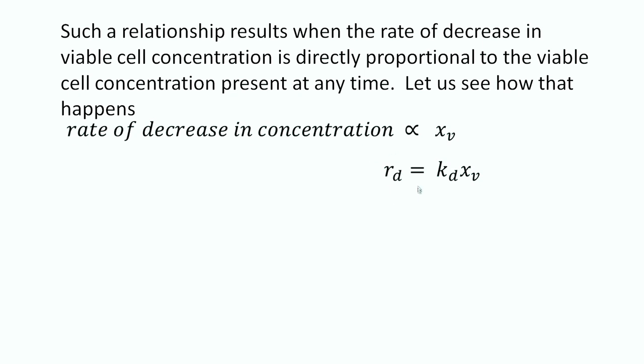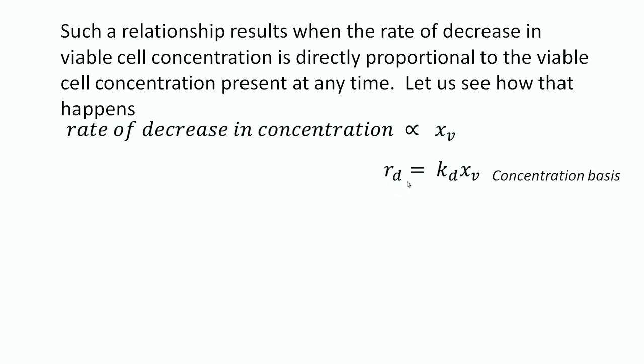If we call the rate of decrease in concentration R d, since it is proportional, we can replace the proportionality by an equal to sign, and here we need to multiply x v with a constant. Let us call this constant k d. You might be familiar with this kind of a first order expression in your earlier courses. So, we are using a first order representation here.